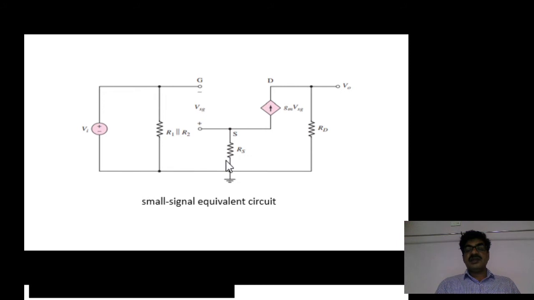In the equivalent circuit, the VDD supply is short circuited; the VDD supply wire is connected to ground. Therefore, R1 comes in parallel with R2, and the RD resistor is between output and ground. As usual, at the input, the source voltage is VI.